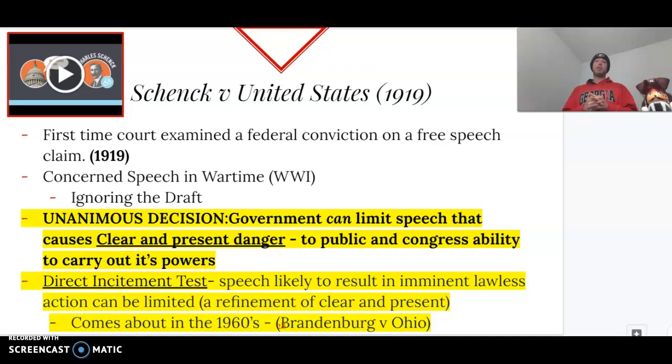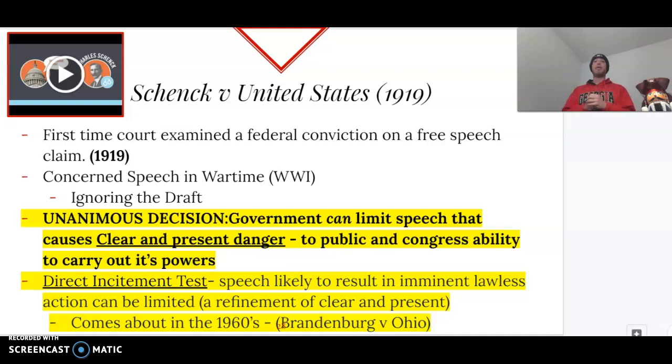And what you need to know is this, is that the Supreme Court came down and said that the government can limit speech that causes what they called clear and present danger, because what Schenck was doing, he was a member of the Socialist Party, is that he was sending out a pamphlet, or like a piece of paper, that was advocating for men to resist conscription, which is our fancy word for the draft. And they set up this little standard that you see highlighted in your notes.